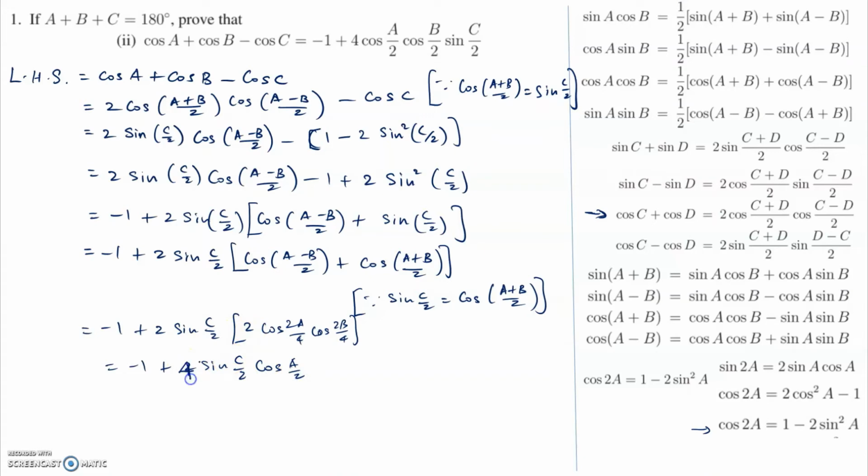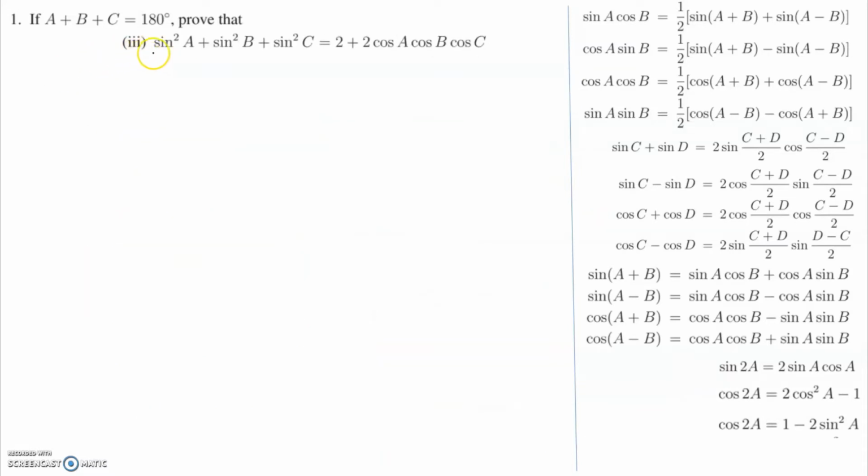So this will be a 4 and cos b by 2. So you can rearrange this as minus 1 plus 4 cos a by 2 cos b by 2 sin c by 2, which is equal to our right hand side, hence the proof.